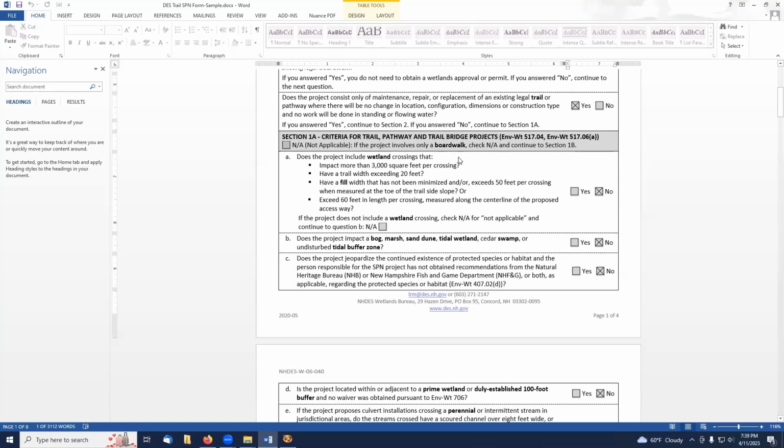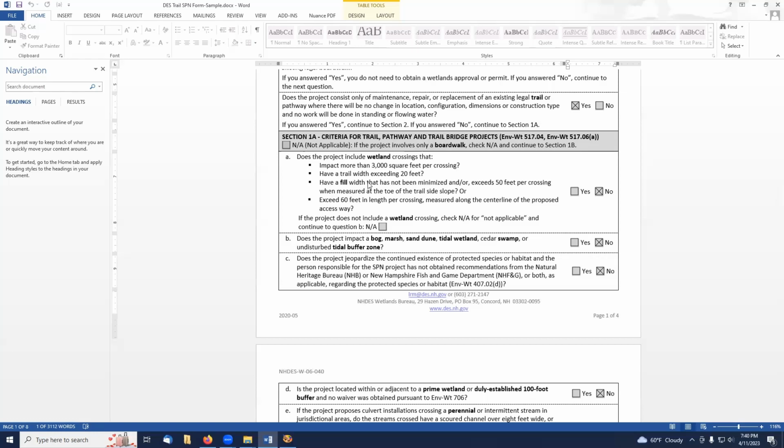Does the project include wetland crossings that impact more than 3,000 square feet, have a trail width of greater than 20 feet, have a fill width that has not been minimized and or exceeds 50 feet per crossing, or exceeds 60 feet in length per crossing? So what this is telling you is you can cross a wetland, but it can't be more than 3,000 square feet.